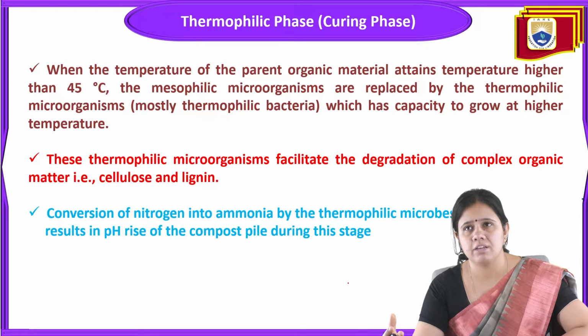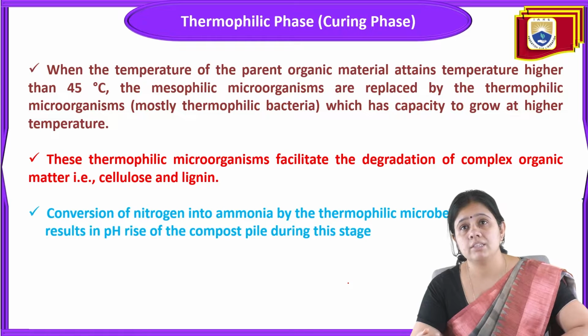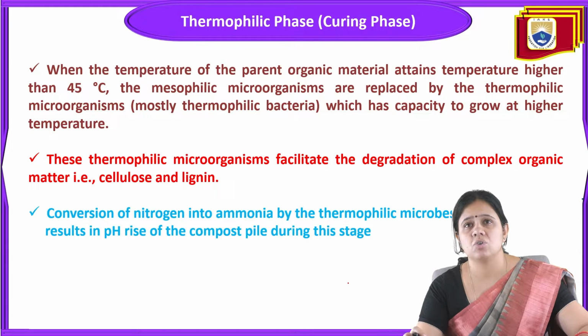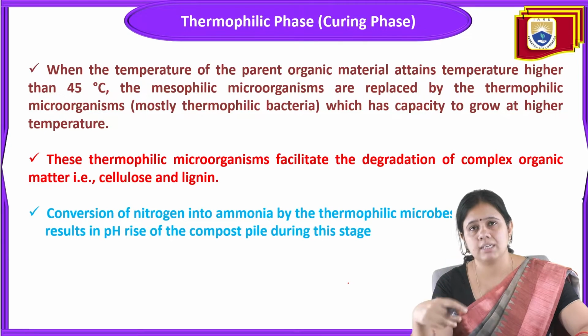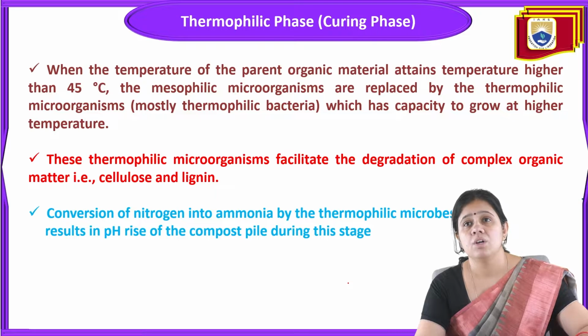So when the temperature of the organic material attains more than 45 degrees Celsius, the mesophilic microorganisms are replaced by thermophilic microorganisms, mostly thermophilic bacteria, which have the capacity to grow at very high temperature.